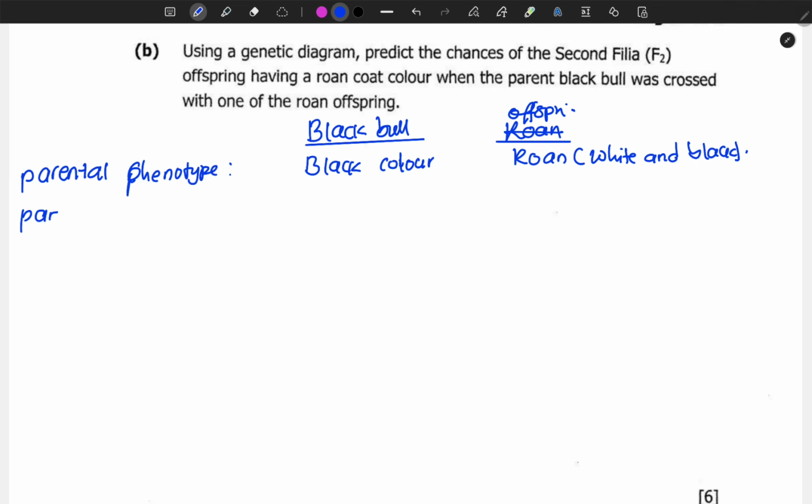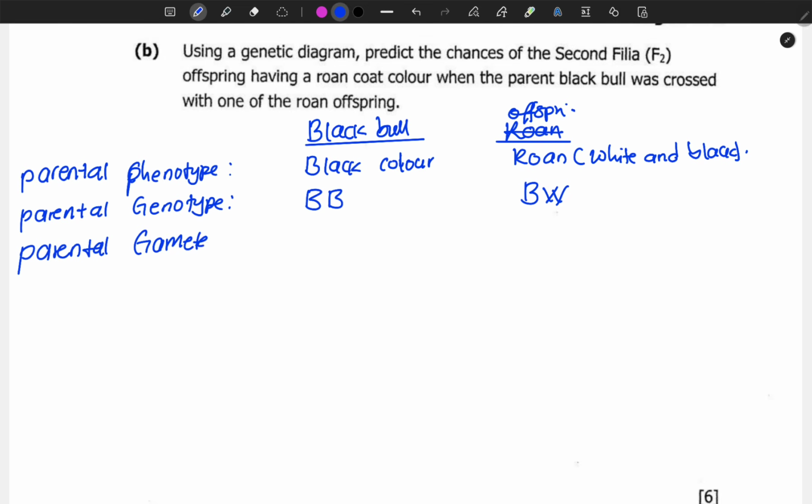Then parental genotype. For this one we have capital B, another capital B, and roan is a combination, BW. Parental gametes, we split the letters.